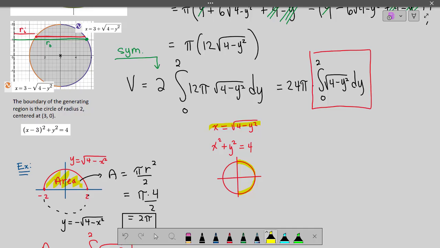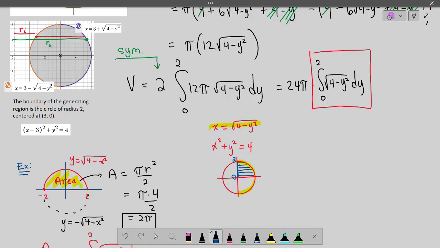Now these limits of integration go from 0 to 2. That's up there at 2, right? So the 0 to 2 is right in here. So they say integrate the right half of the curve, but only from 0 to 2. So this is what we will get.